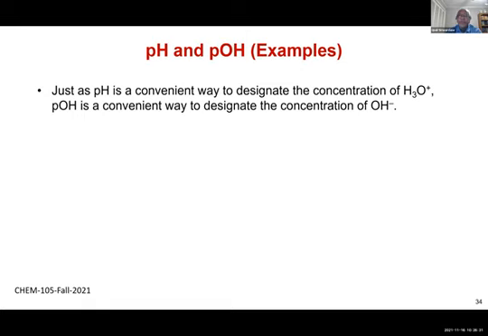Sometimes we use pH, sometimes we use pOH. pOH is similar to pH: take the log of the hydroxide ion concentration and change the sign to get pOH. For a neutral solution, pOH is also 7.